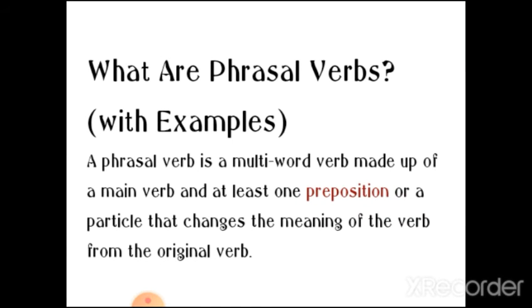Let us see the fifth type of verb. It is the phrasal verb. What is a phrasal verb? Let us see with example. A phrasal verb is a multi-word verb made up of a main verb and at least one preposition or a participle that changes the meaning of the verb from the original verb.